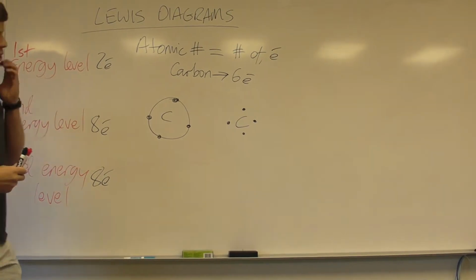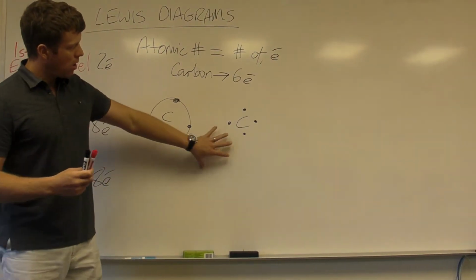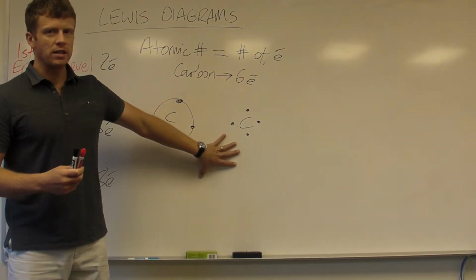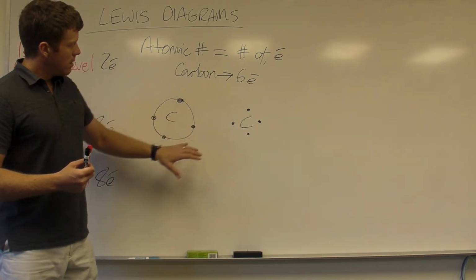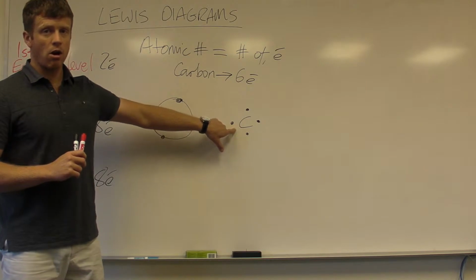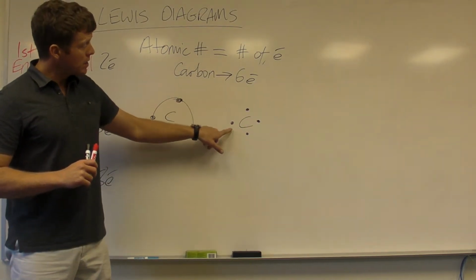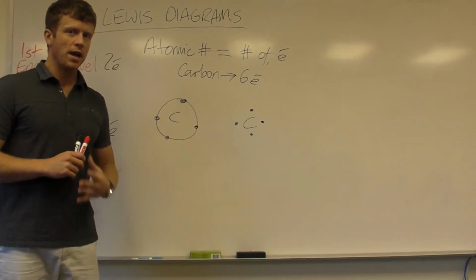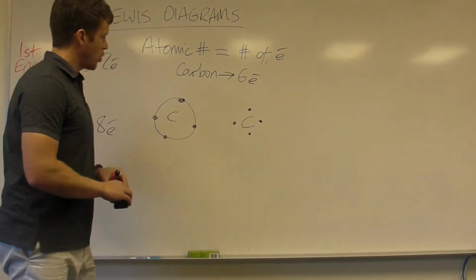So the reason for doing that is because when carbon bonds with things, I think it's a personal preference thing, and this is a little easier to represent how carbon will bond with other things and how these electrons are shared. So I'll show you an example of that.